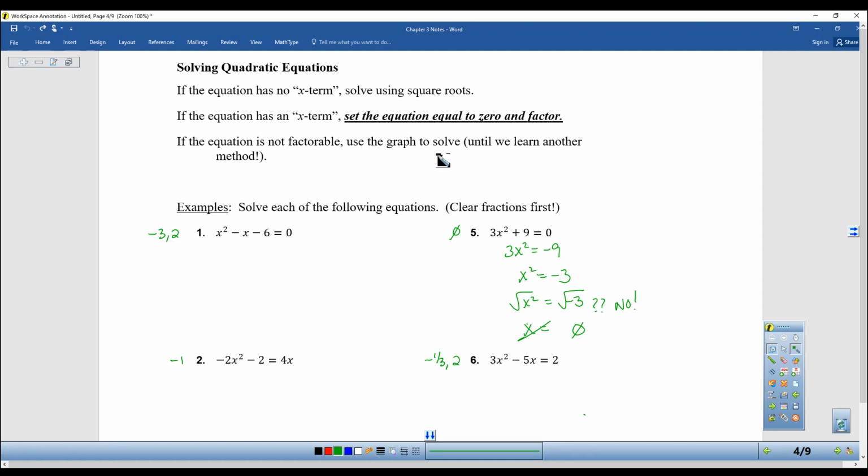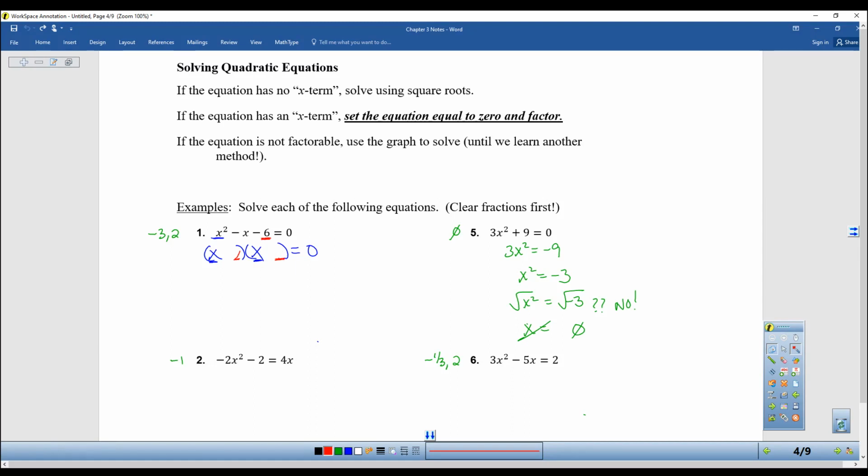But you can use the graph to solve until we learn another method. Okay, so for the most part, when it has an x term, you're mainly going to set it equal to 0, which this one already is, and factor. The first times the first makes the first. The last times the last makes the last.